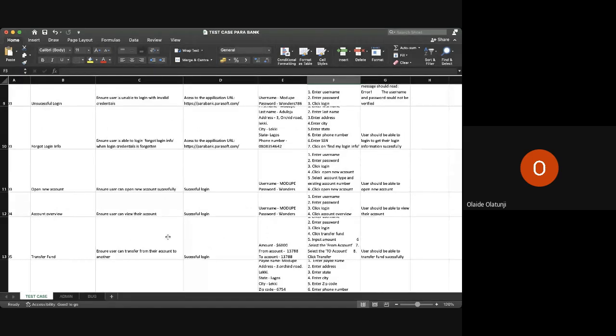Transfer fund, yes. So just because I've been using ensure doesn't mean you should always use ensure. You can use verify. You can also use verify.